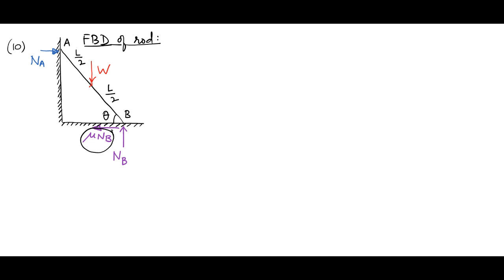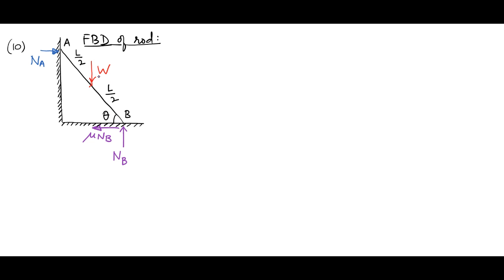It's on the verge of slipping, and that means, of course, that theta is going to be minimum, because we know that when theta decreases beyond a certain extent, the slipping actually takes place. So when we say that the frictional force equals the limiting friction, automatically we are minimizing the value of theta for static equilibrium. Now let's try to find all these forces, and on the way maybe we can figure out the value of theta.